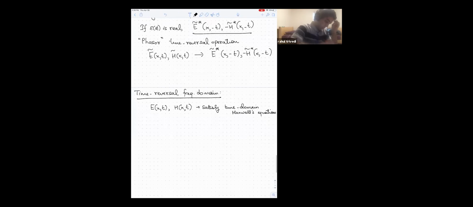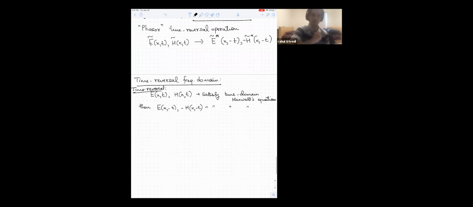So if E of x comma t and H of x comma t satisfy time domain Maxwell's equations, then E of x comma minus t and minus H of x comma minus t also satisfy time domain Maxwell's equations, right? So this is a statement of time reversal symmetry. This is what time reversal symmetry means.